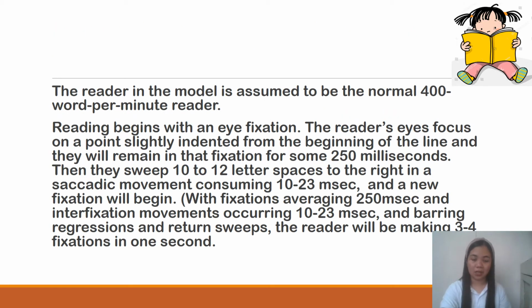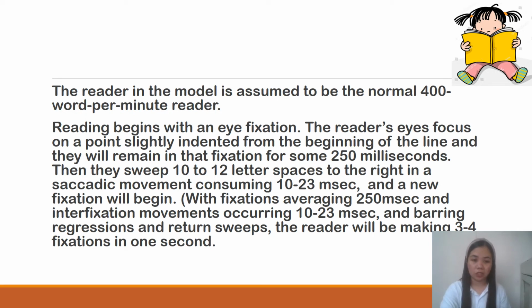The reader in the model is assumed to be a normal 400 word per minute reader. Reading begins with an eye fixation. The reader's eye focuses on a point slightly indented from the beginning of the line, and remains in that fixation for some 250 milliseconds.